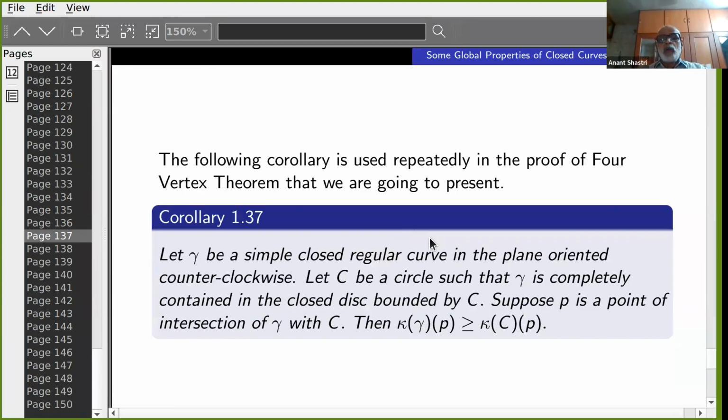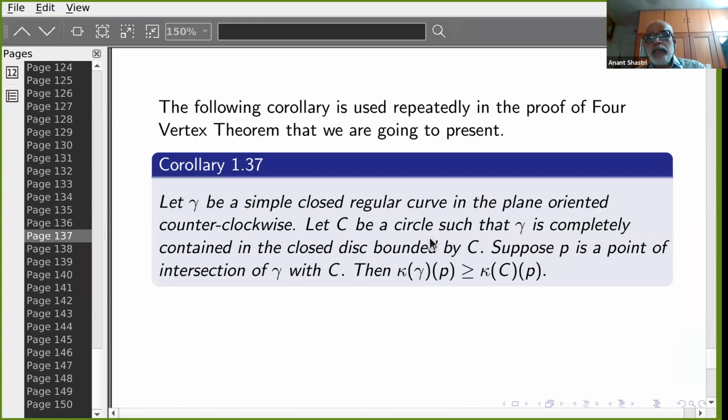The following corollary is used repeatedly in whatever I'm going to prove now. In the proofs, we are going to use this repeatedly, often not even mentioning it. Let gamma be a simple closed regular curve in the plane oriented counterclockwise.